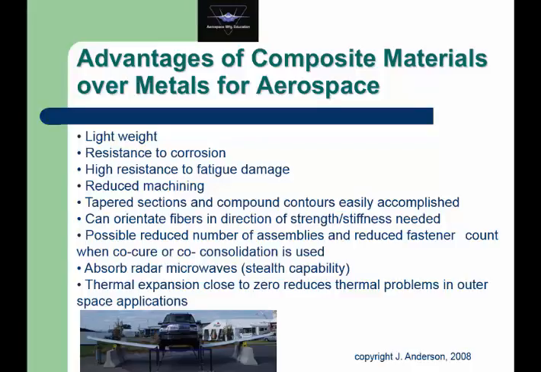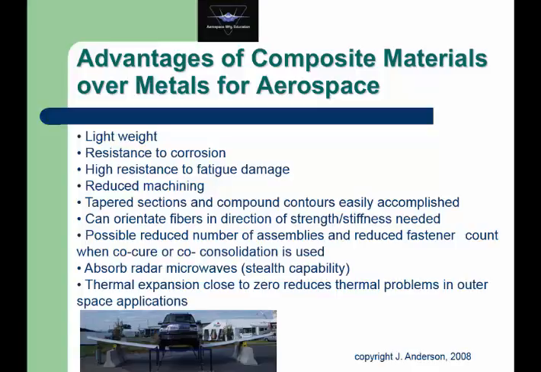We have high resistance to fatigue damage in composite materials. We have reduced machining because we can mold this material to near net shape, or almost to the shape that we need in our final part.